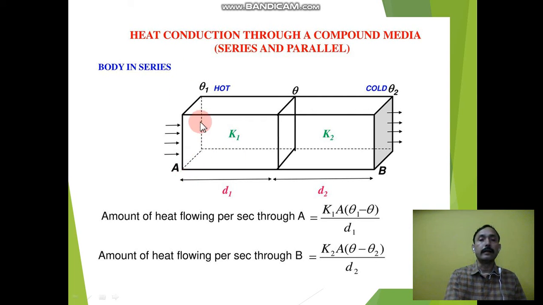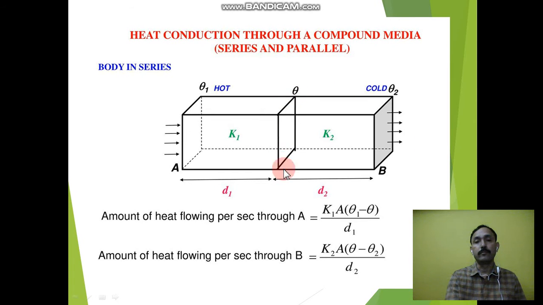The end of body A is kept at a temperature of θ1 and the end of B is kept at θ2, where θ1 is hot, θ2 is cold, and heat is transmitting from the left end to the right end.